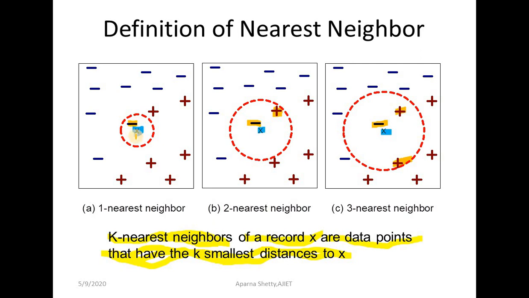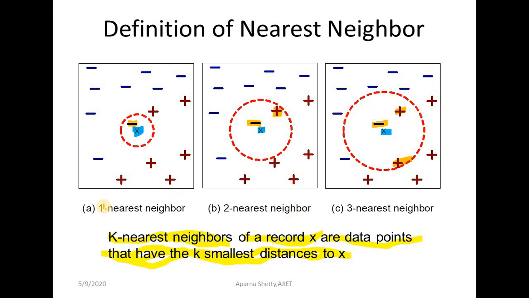For two nearest neighbors, you will find the two closest points based on the distance. And for three nearest neighbors, you will find the three nearest points based on the distance.